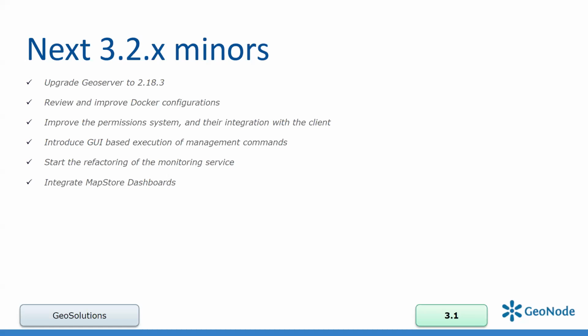We want to review and improve the Docker configuration, so also including probably the drop of the SPC Docker compose. I know this has been discussed in the mailing list. The SPC was a good setup, but it's not currently maintained, so we don't want to keep 2 versions of Docker deployments.